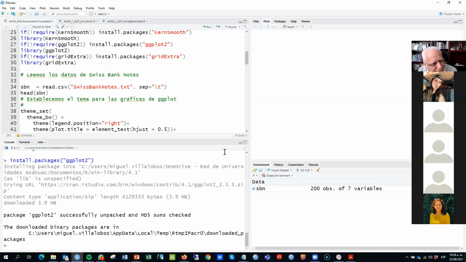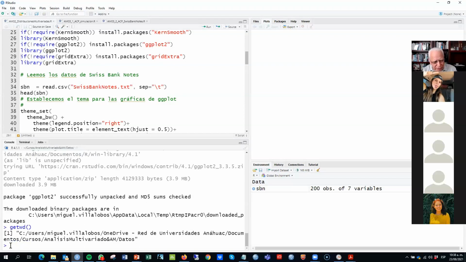It says it cannot open the connection in file. Oh, did you change your directory to the directory where you have the file? I don't think so. Let me check. Okay, just type getwd and check if that is the directory where you have your data. Okay, thank you.